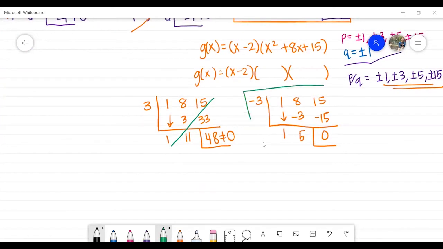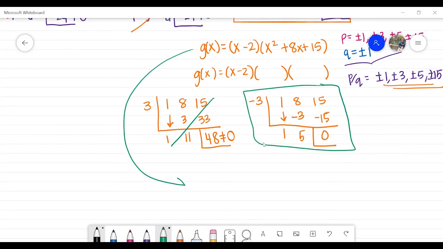So this tells us, I'm going to build off of my previous list. I'll box it like I did my last one. So this becomes g of x is the x minus 2 we already had, right? That was the previous group we did. And then this tells us, remember your opposite sign, so x plus 3. And the only thing that's left is x plus 5.